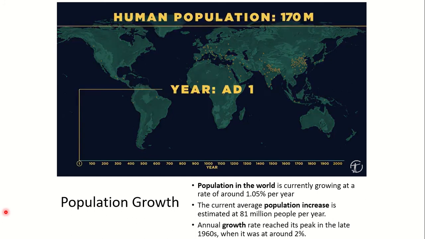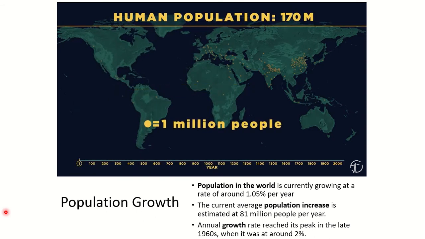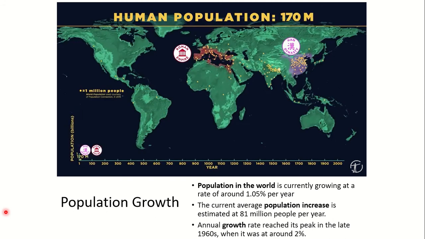So now we're focusing on a timeline that starts at 1 AD and goes to the year 2000. Each dot on the map represents 1 million people. And you can see along the bottom of the graph there's a line being created. So by 100 years AD, there were 180 million people on the planet.